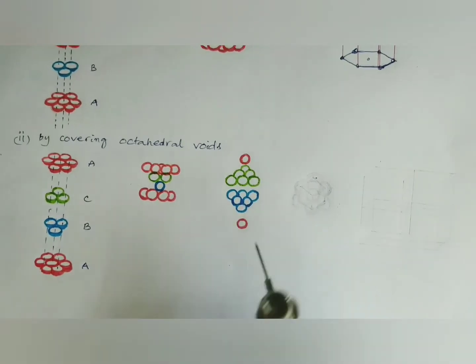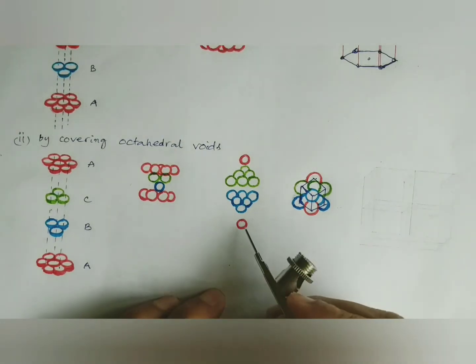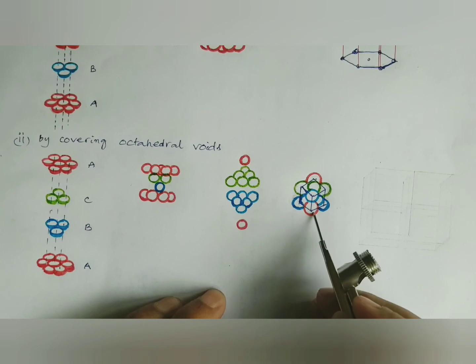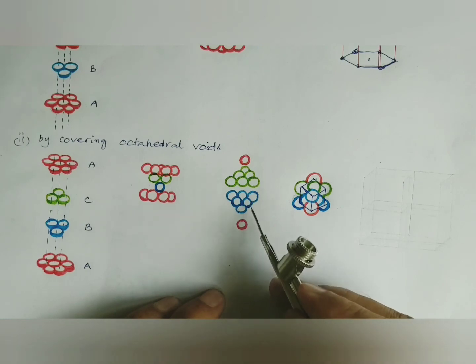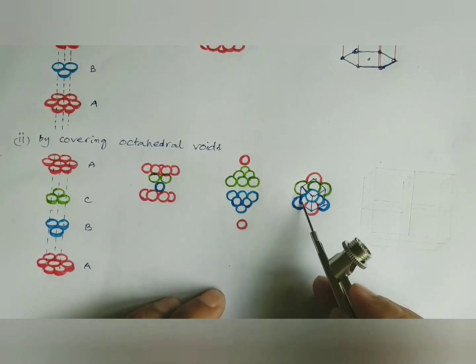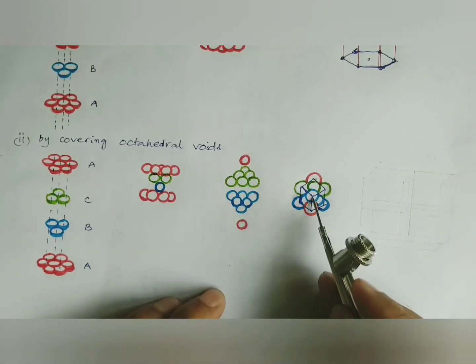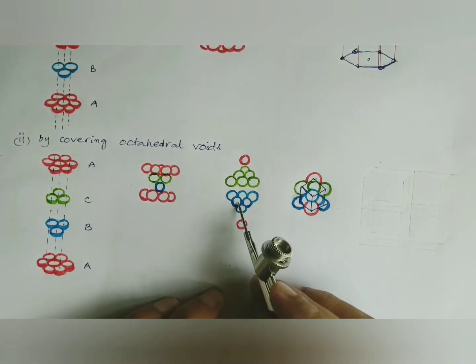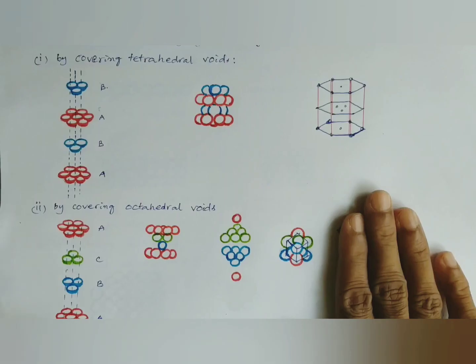It looks like this. So this is how the face-centered cubic looks like. So here this atom is present in the corner, okay, and it belongs to the first layer, whereas these are the atoms of second layer. Suppose if you twist this layer a little bit up, then you will get this kind of arrangement where this atom is going into the corner, whereas these two atoms are present on the faces like this.